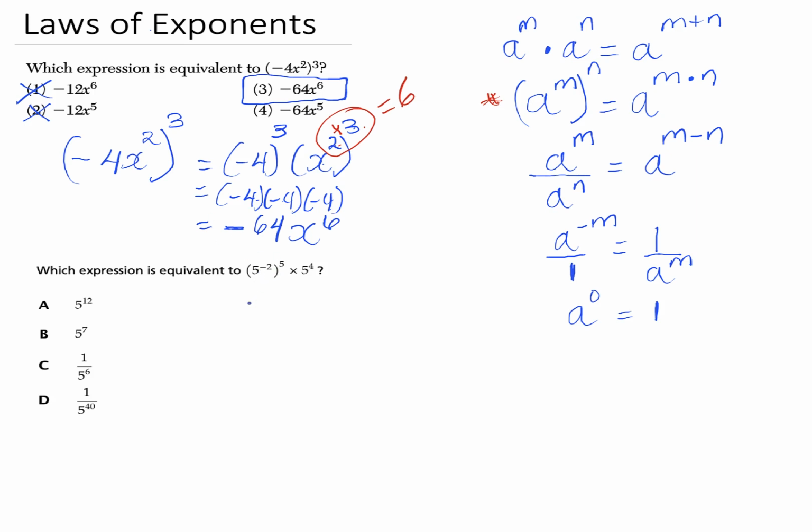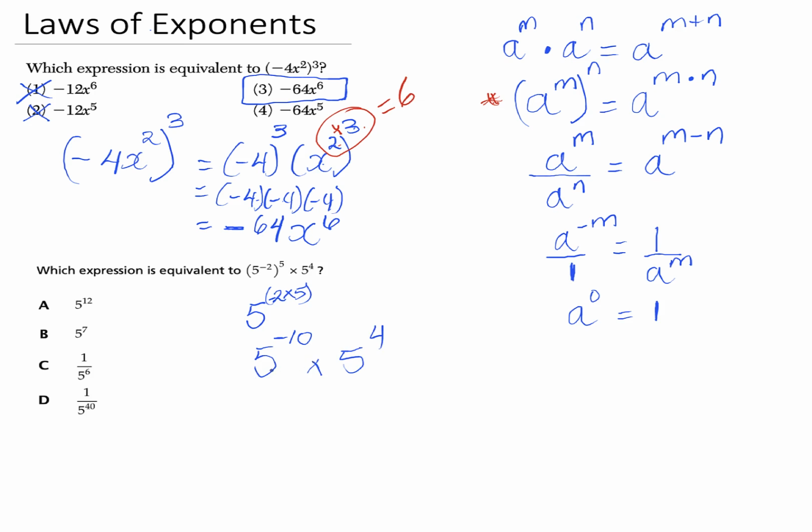So remember here, we keep our base 5 and we're going to multiply negative 2 times 5. So this is actually 5 to the negative 10 because a negative times a positive gives you a negative. So you have 5 to the negative 10, and now we're going to multiply that by 5 to the 4. Now when you're multiplying, what does that rule say?